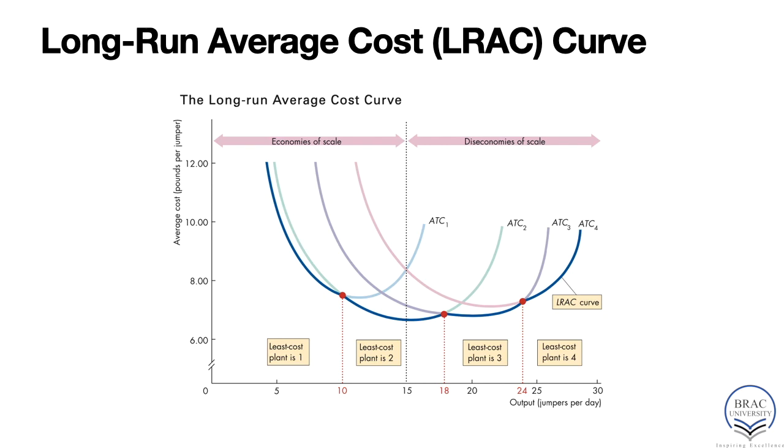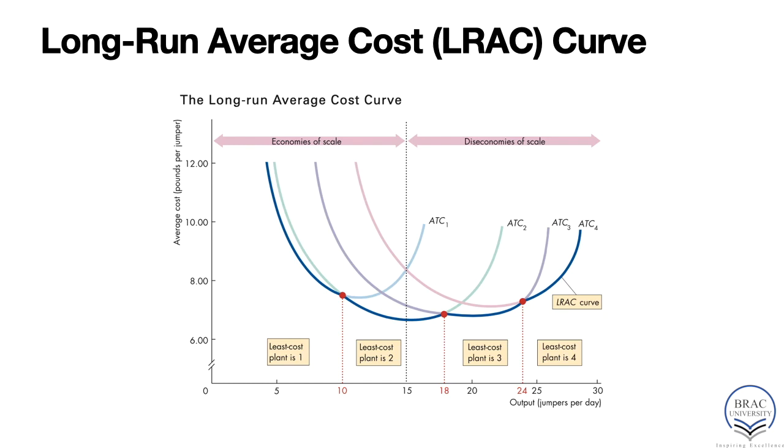And finally, for output rates in excess of 24 jumpers a day, the average total cost is lowest on ATC4. And in this figure, when you connect the red dots, the segment of each ATC curve for which the plant has the lowest average total cost is shown by a dark blue curve. And this dark blue curve made up of these segments is actually the long-run average cost curve.